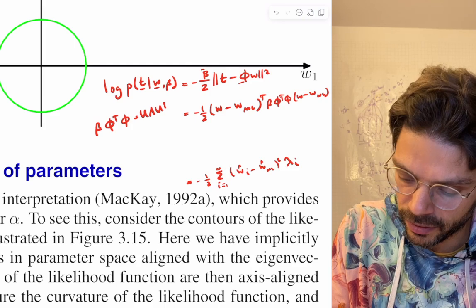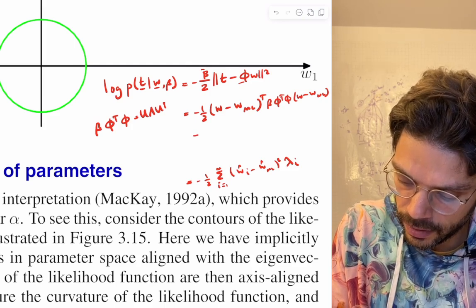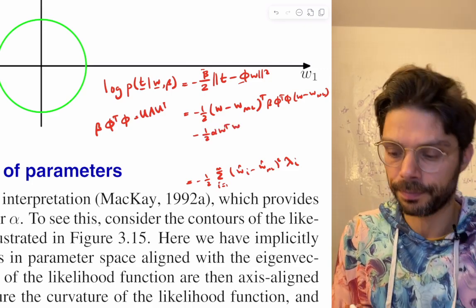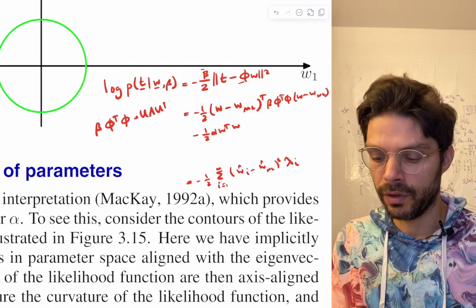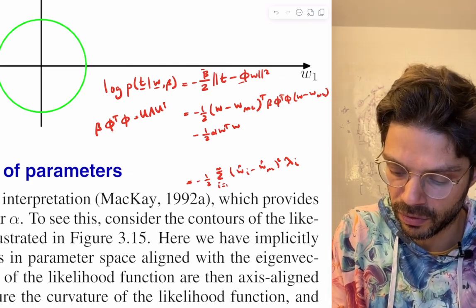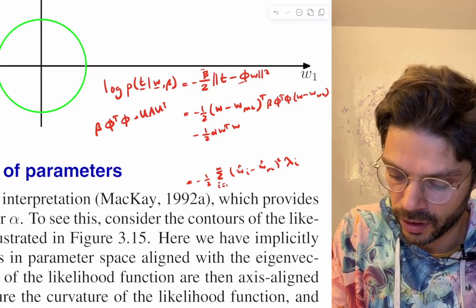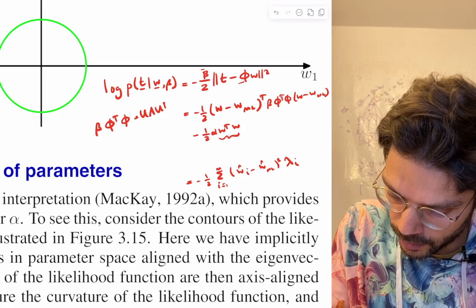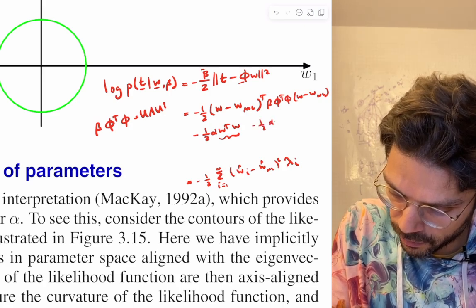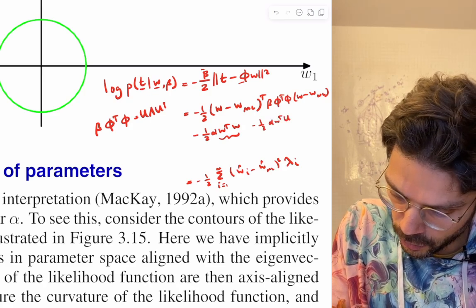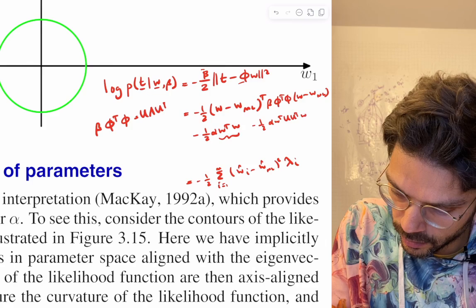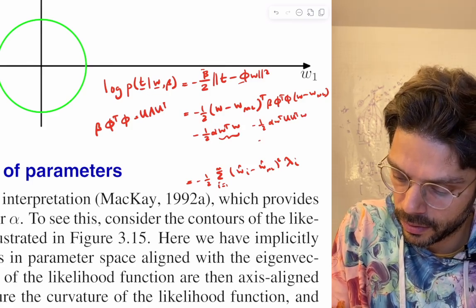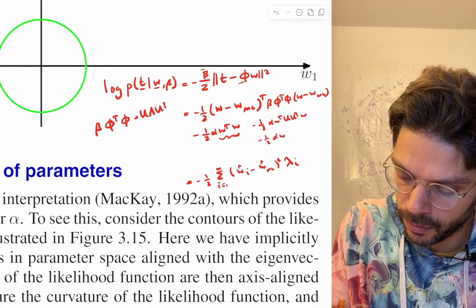Let's say we added in a minus 1/2 alpha W transpose W. We can equivalently switch coordinates to the U coordinates, and we can write this as minus 1/2 alpha W transpose U transpose W, and this just becomes alpha W.